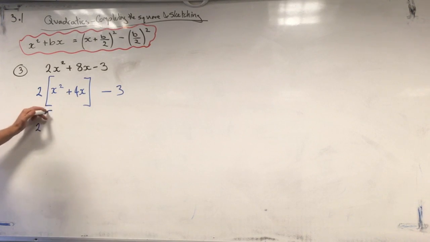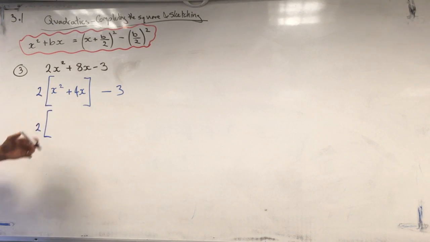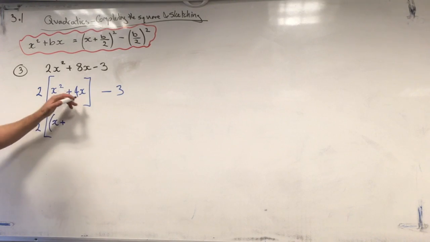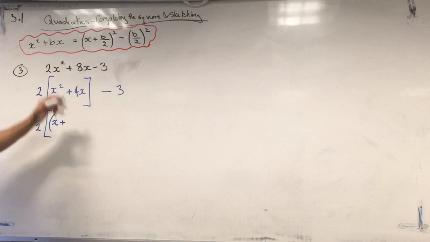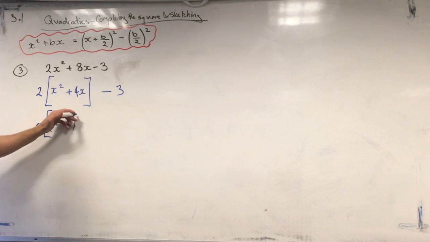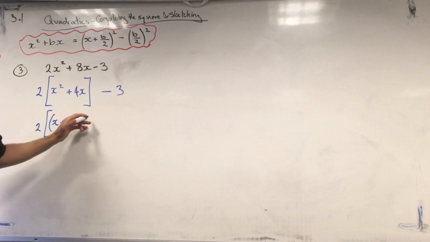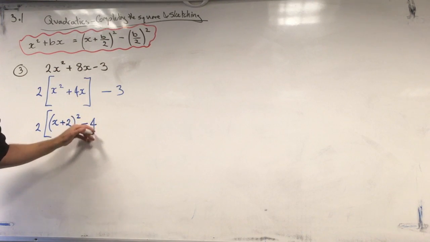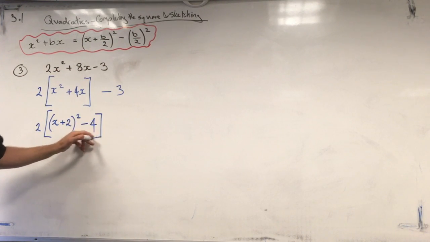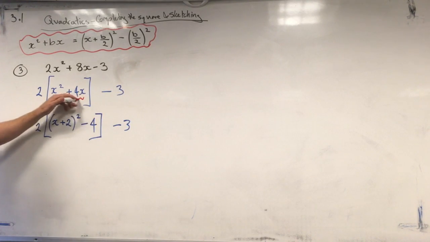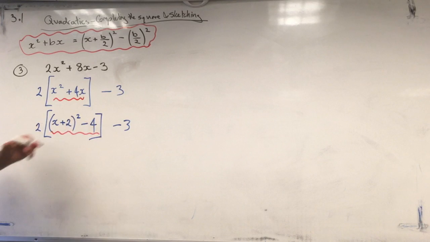So 2 square brackets, complete the square on the inside. So 4 over 2 is going to be 2 minus 4 over 2 squared. So that's going to be minus 4. And then minus 3 at the end. So all we've done here is we've completed the square on this bit to get this bit.